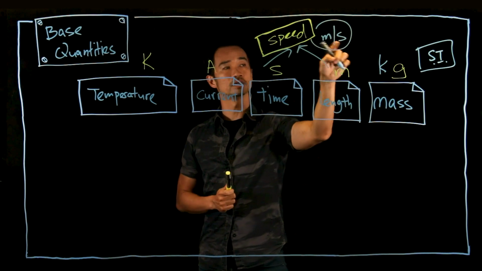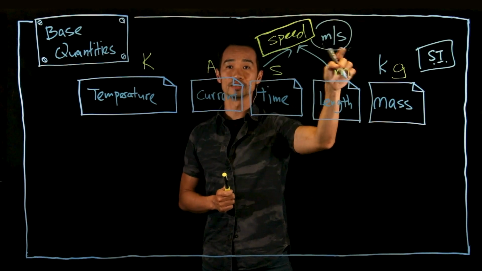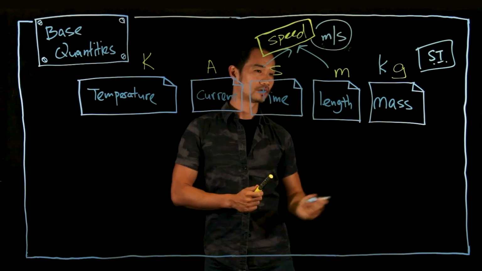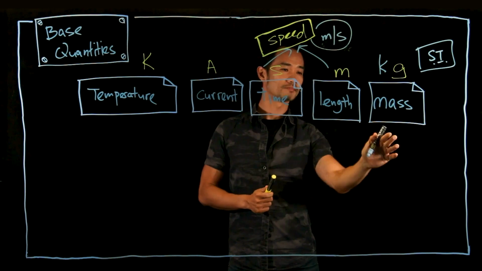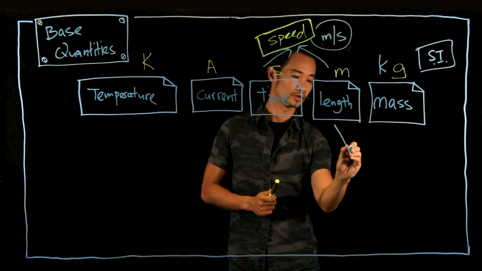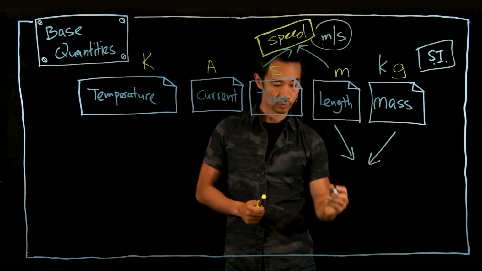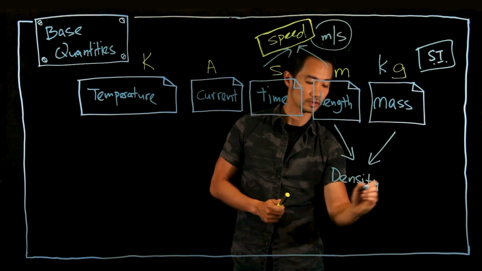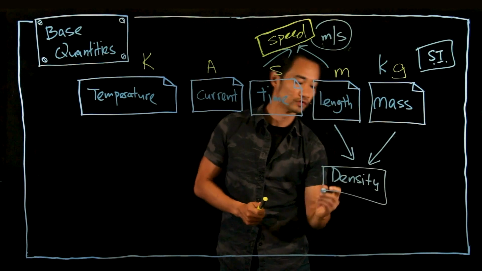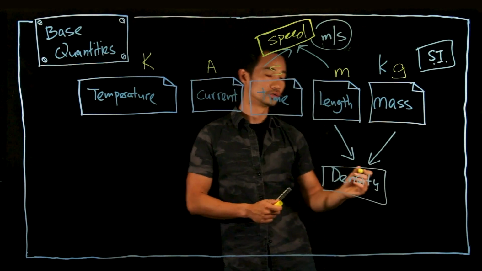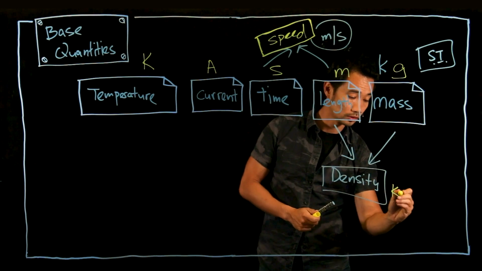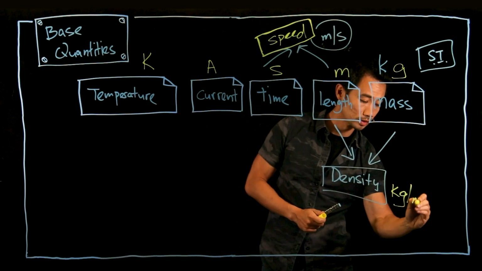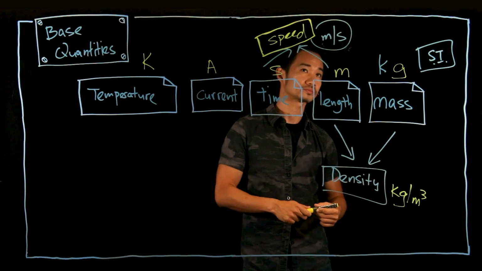So what do you see over here? The combination of two base quantities. And how about length and mass? You can have a quantity which we call density, which is mass over volume, so your unit is kg per meter cube.